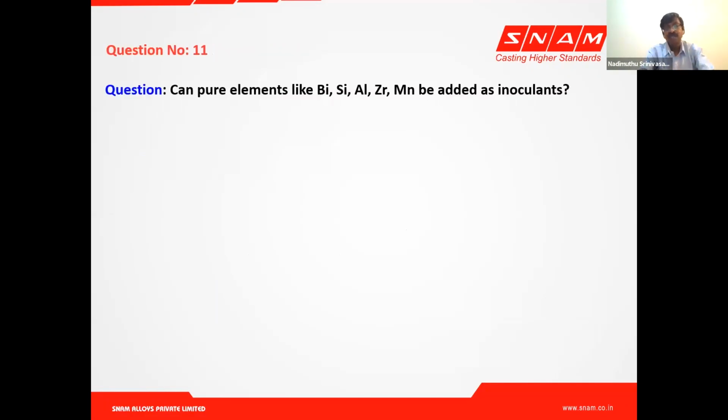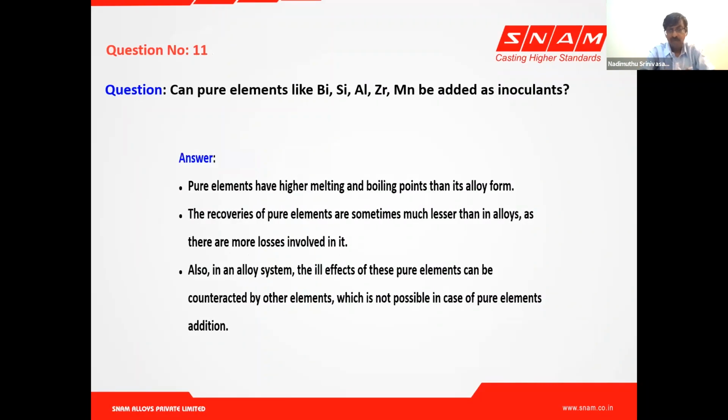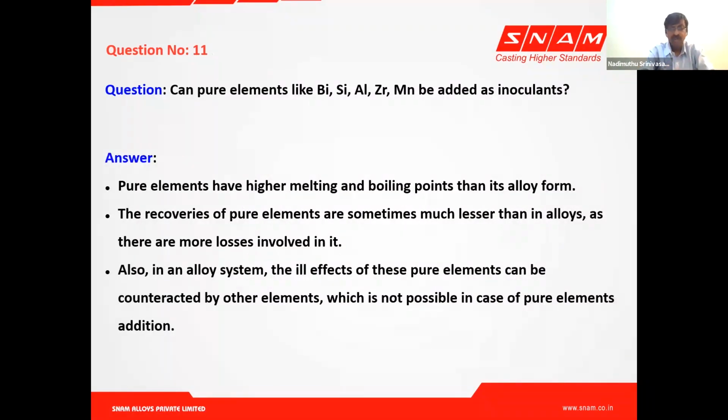Can pure elements like bismuth, silicon, aluminum, zirconium, manganese be added as inoculant? You said, like 5% is all this. Why can't I add them as a pure metal? Then, can I save money? Now, any alloy has a lower melting point than a pure metal, which means a pure metal will have a higher melting point.